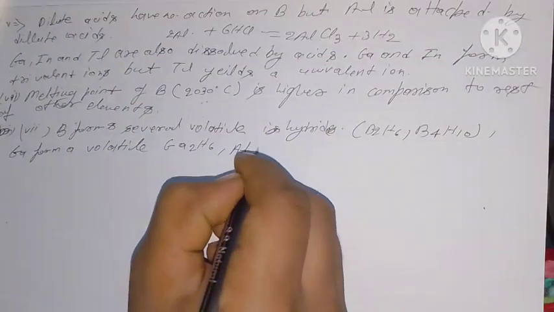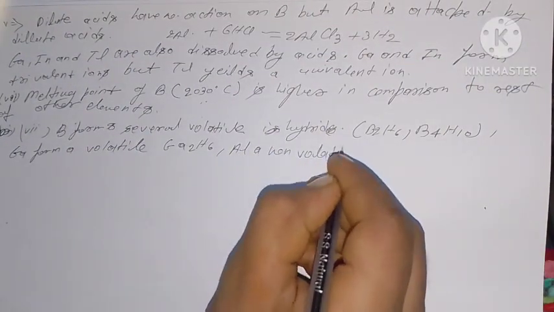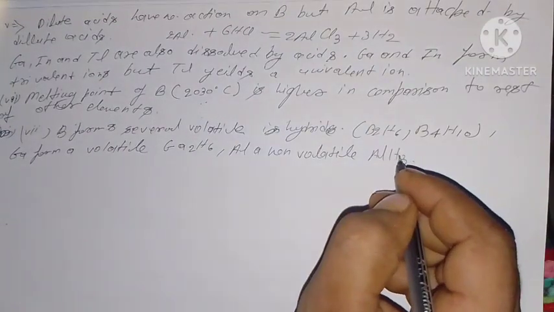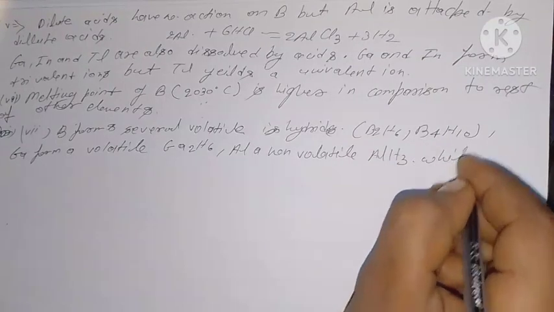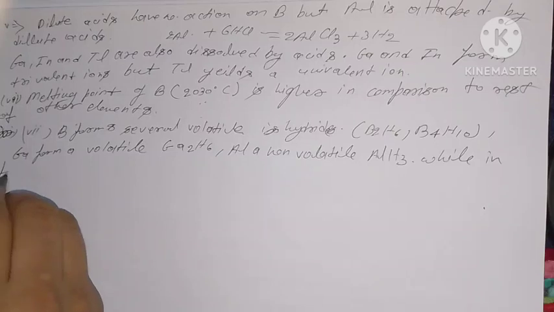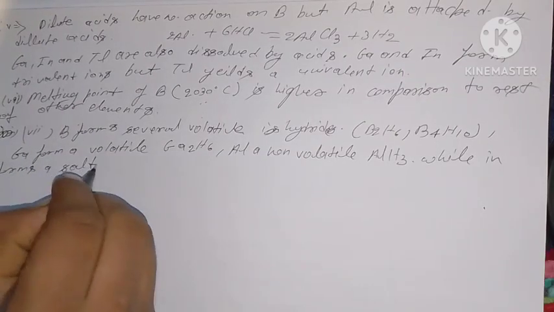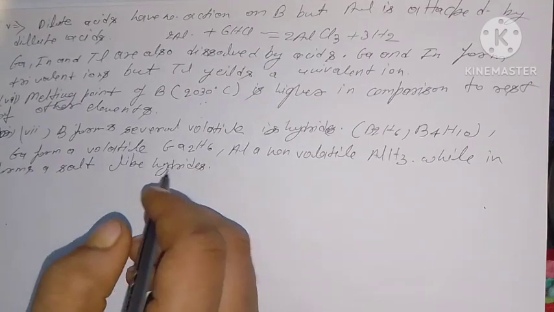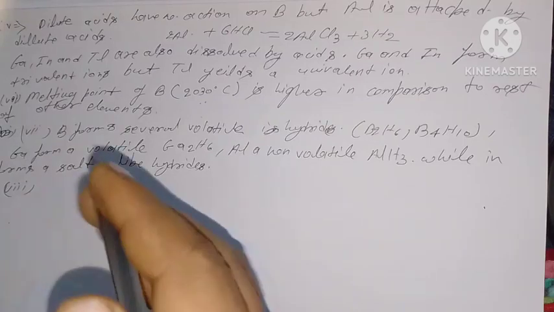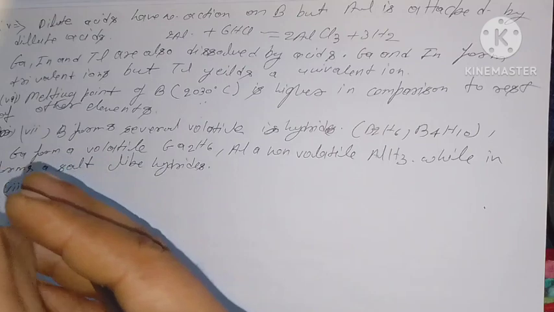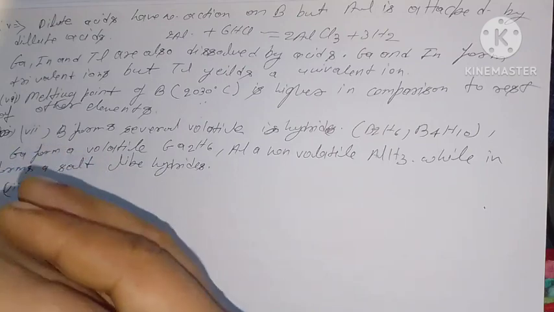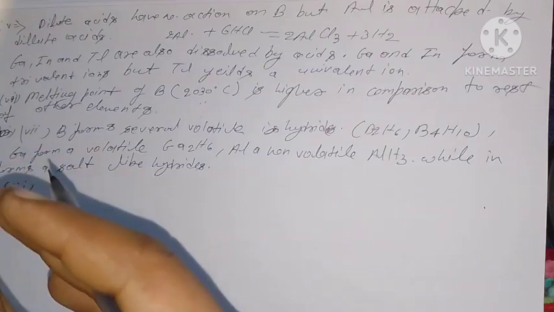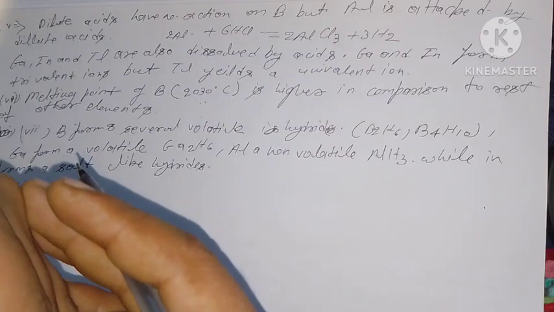Aluminium forms non-volatile AlH3, while the others form salt-like hydrides.